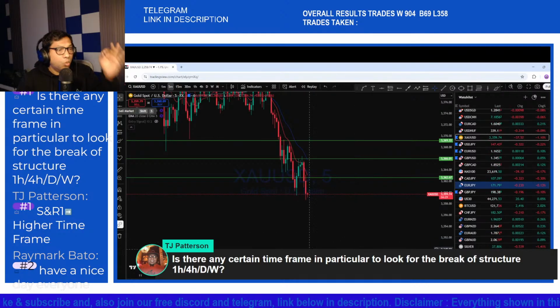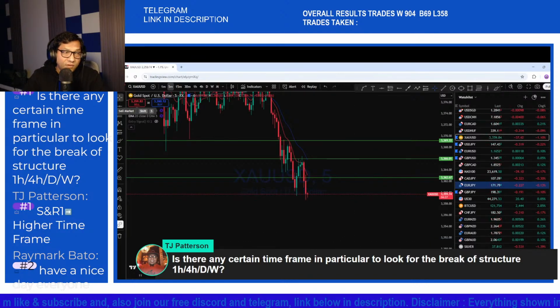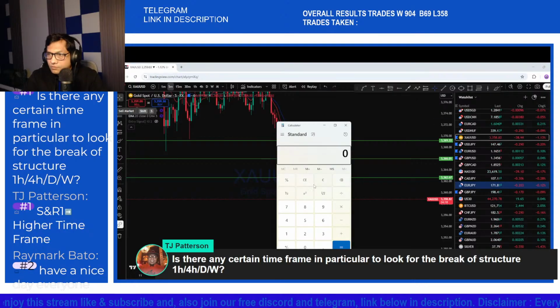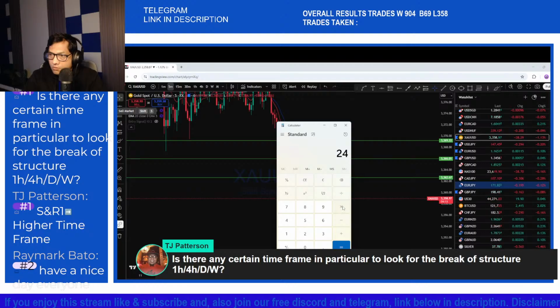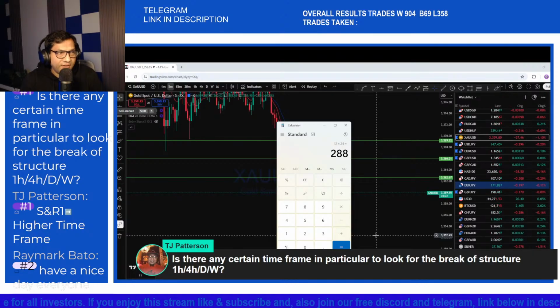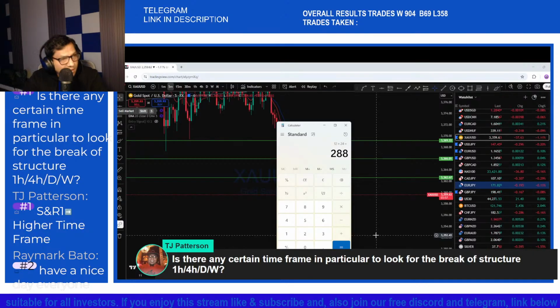Because in one day you can have a lot of 5-minute candles, right? If we calculate, 24 hours, each hour has 12 five-minute candles, 12 multiplied by 24 is 288 five-minute candlesticks that you can find in a day.